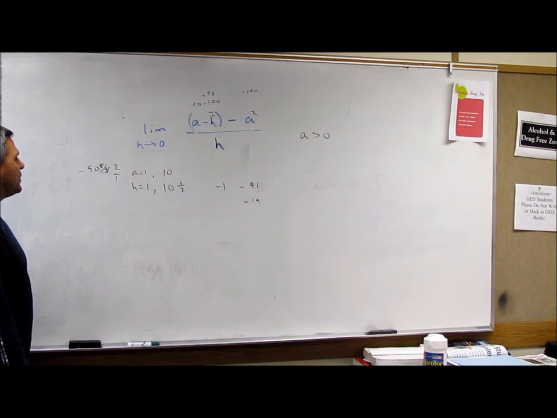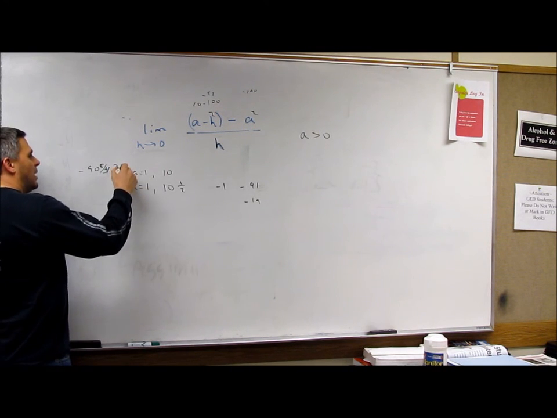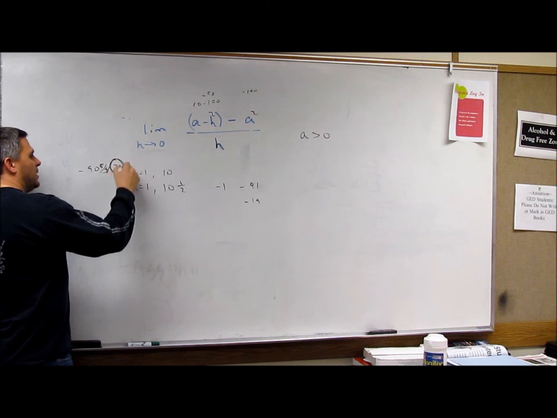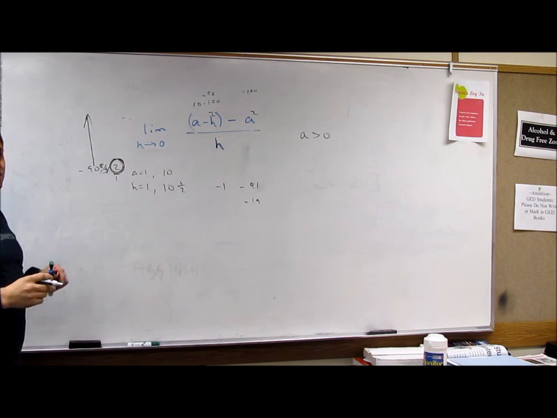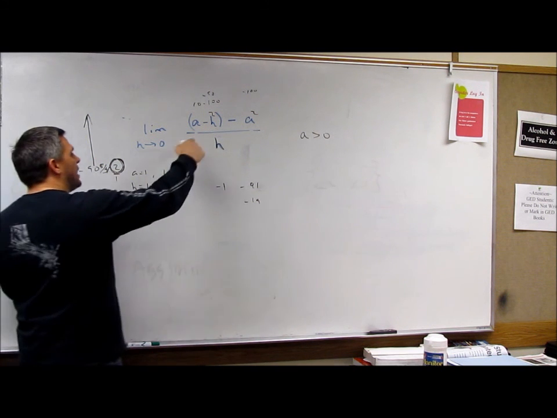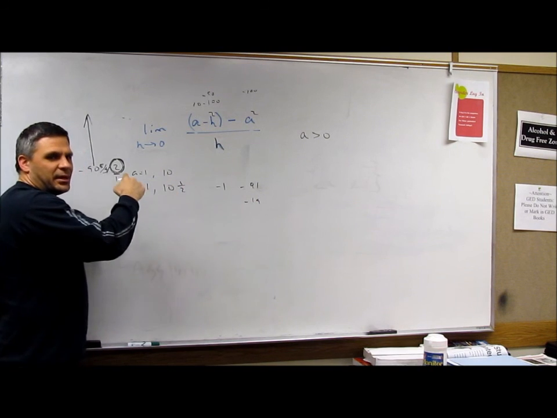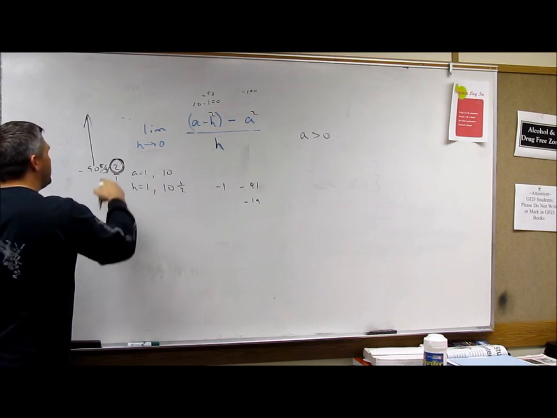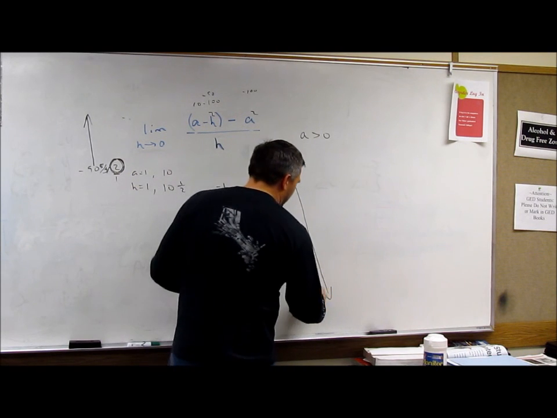So what happens when h gets really small, assuming infinitely small? So this number gets really, really big. This number is going to get really, really, really small, right? As this gets closer and closer to 0, then this whole thing is going to go closer and closer to negative infinity.